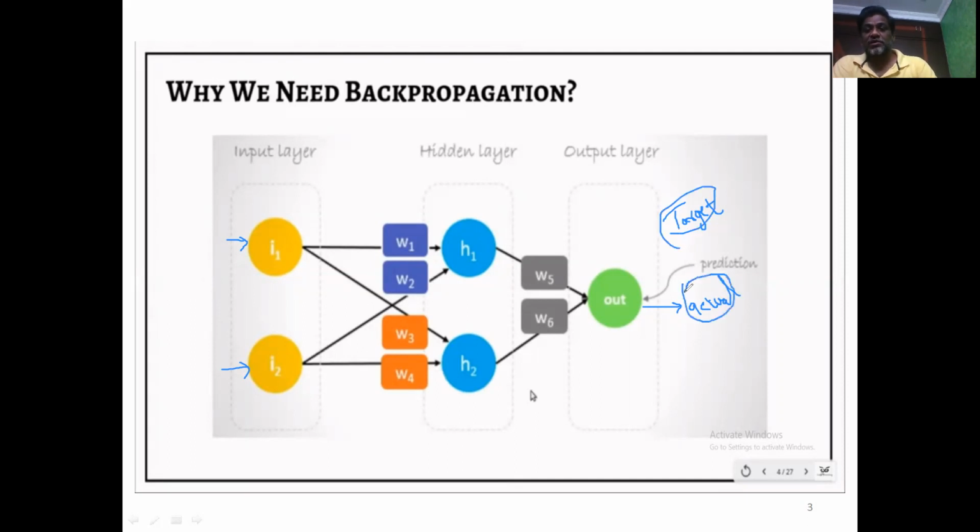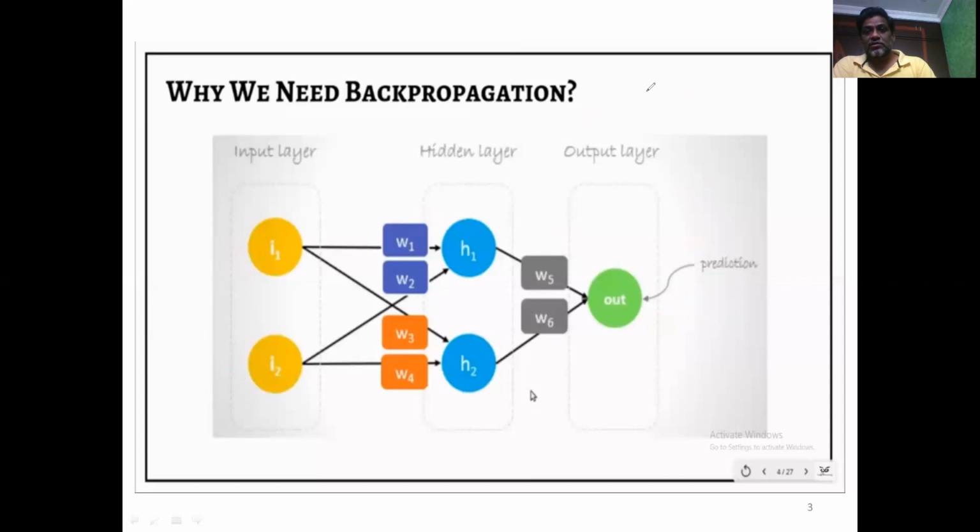In most scenarios, because these weights are initialized to random values, it's not possible to get the target value directly with these initialized weights. So there may be some error produced, and based on the error, we will update these weights, and so on, until the model properly predicts the corresponding target output for a given input pattern. This is what happens. For doing so, we require the backpropagation algorithm.